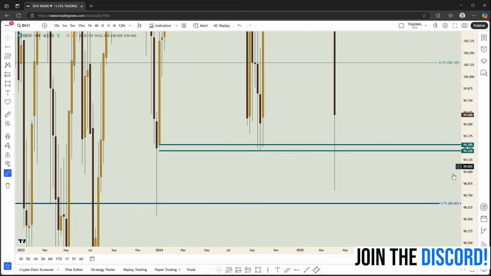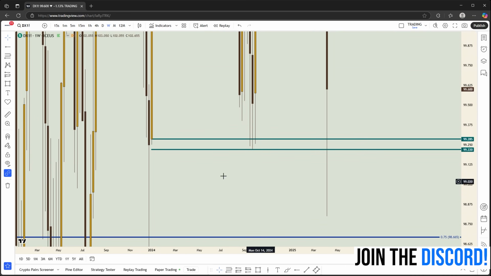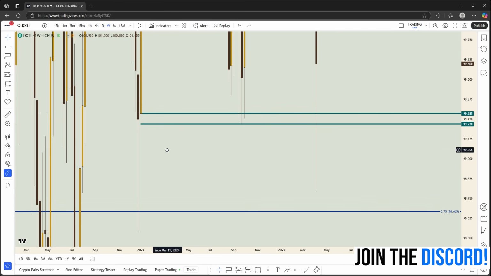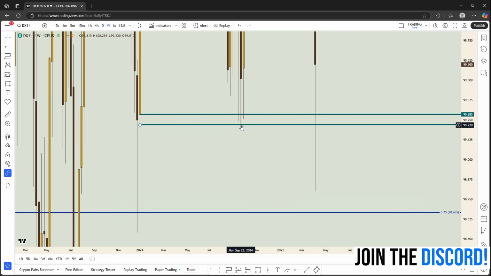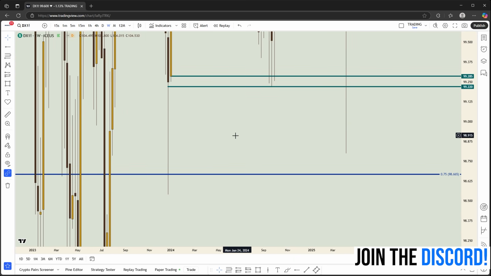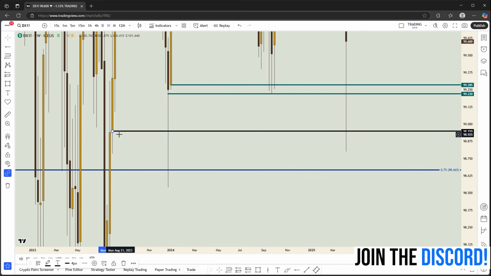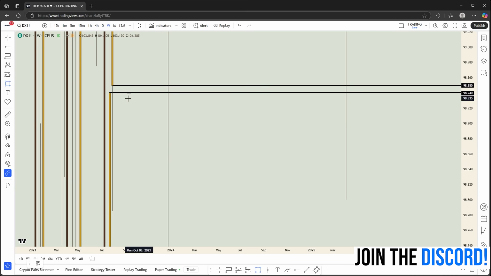If you look, the reason we don't use this weekly wick is because we have a yearly level that would overlap that. So we can't use that weekly wick, but we can indeed use this weekly volume imbalance, which exists right here. And let's make that purple because I like my weekly levels purple. And drag this along.